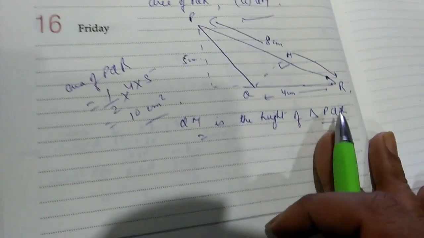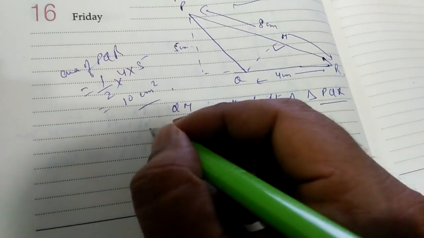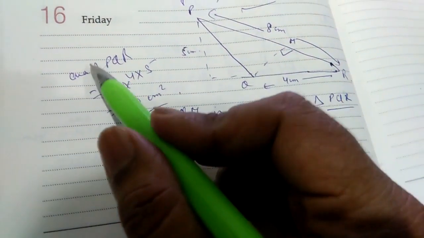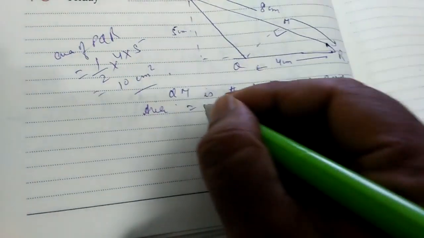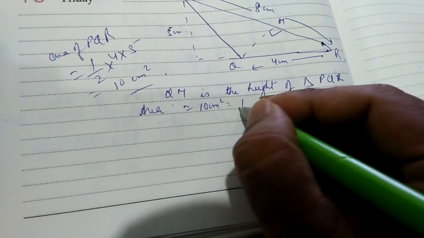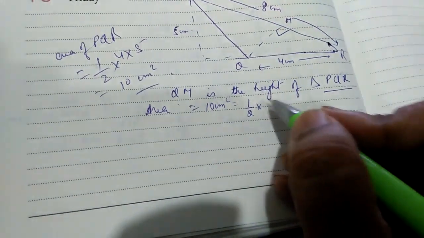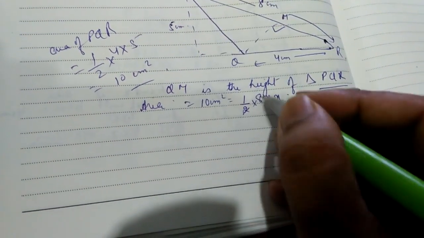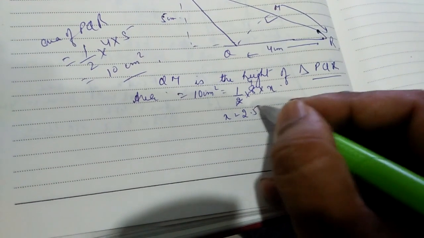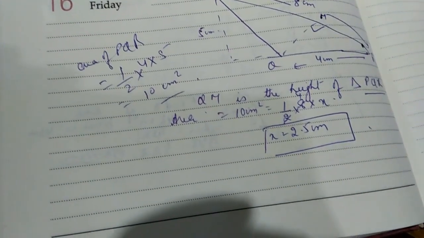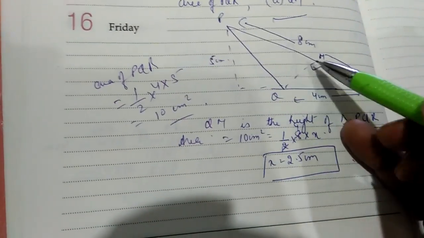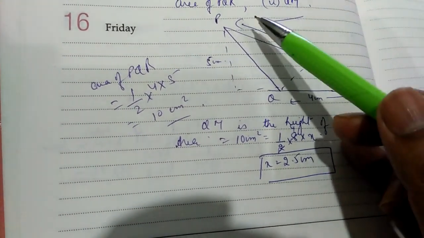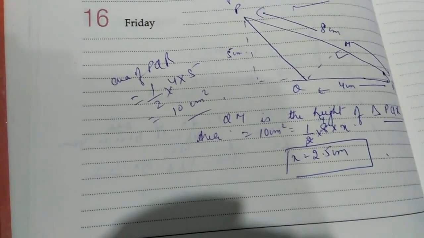So no matter what the height is, area is going to be the same. So the area calculated here, 10 centimeter square, is equal to half of base. Base is 8 centimeter, height is x, which is the length of QM. So 10 is equal to 4x, and x is equal to 2.5 centimeters, which will be the answer. Understand this question. This is a very good question actually. We are seeing an obtuse angle triangle in two different ways. So remember this question.